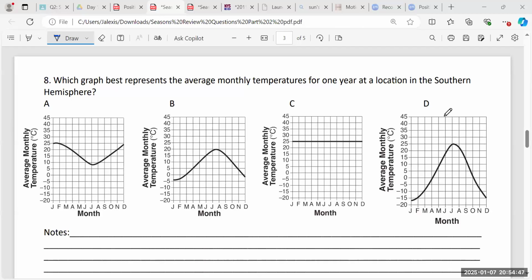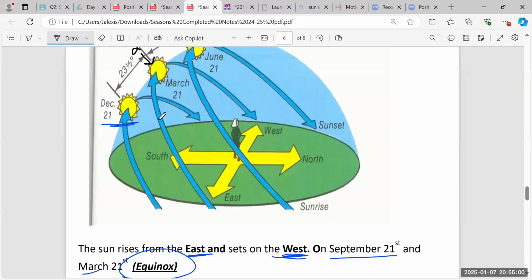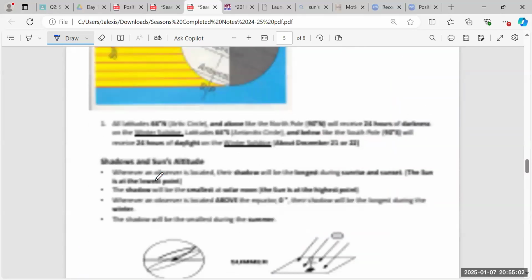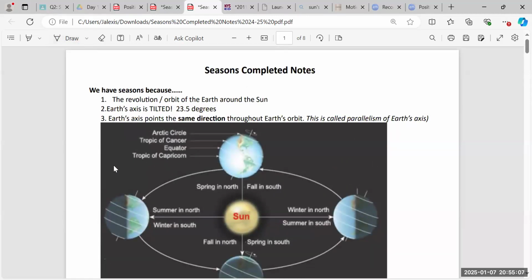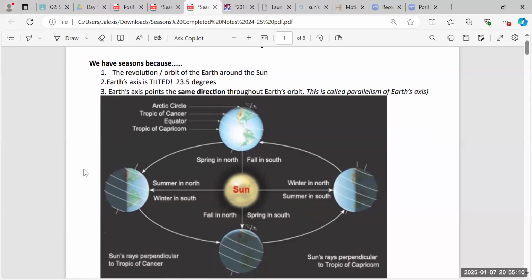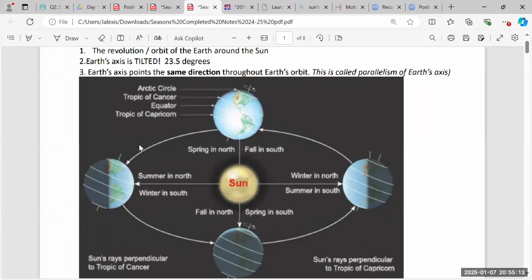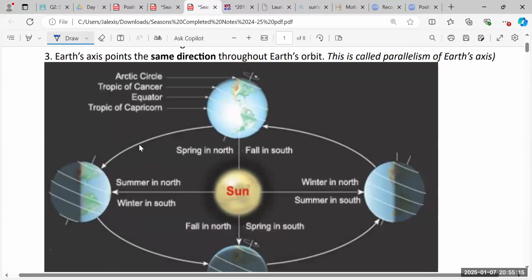Number 8, which graph best represents the average monthly temperatures for 1 year at a location in the southern hemisphere? On our notes, we learned something very interesting about seasons in the northern hemisphere, above the equator, and seasons in the southern hemisphere, below the equator. The seasons are completely opposite of each other at every position of the earth.